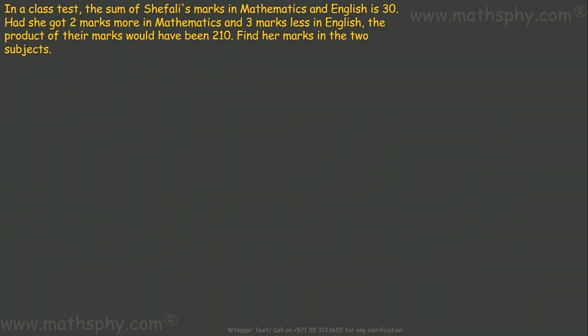I put it this way. Suppose marks in maths is say X. So marks in English would be 30 minus X, because total marks putting together maths and English gives her 30.